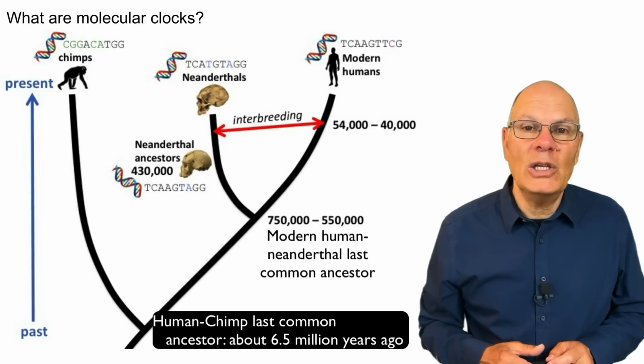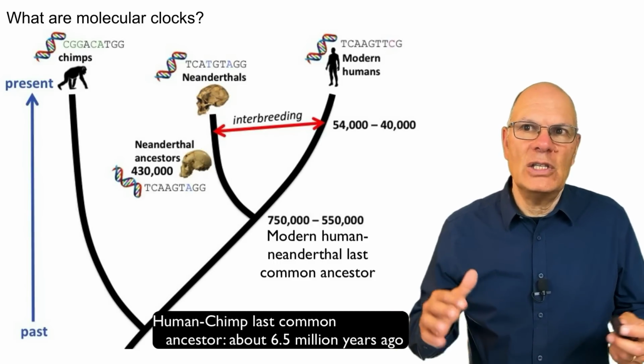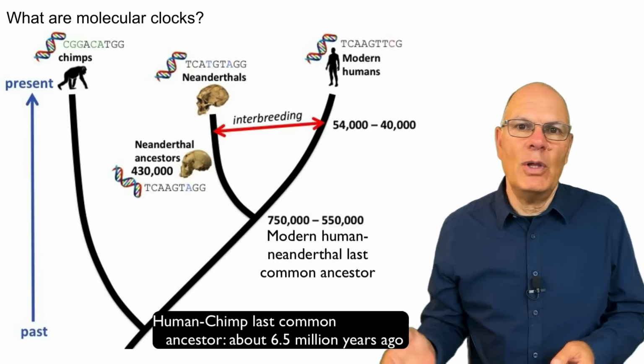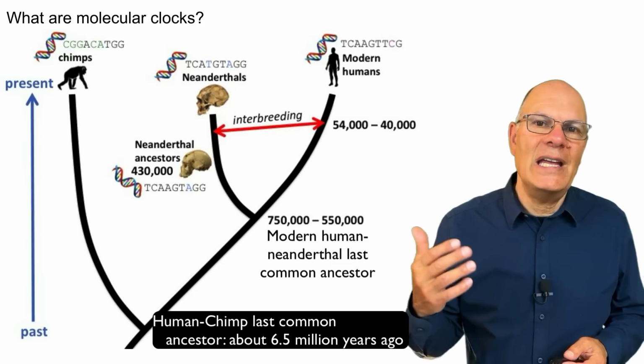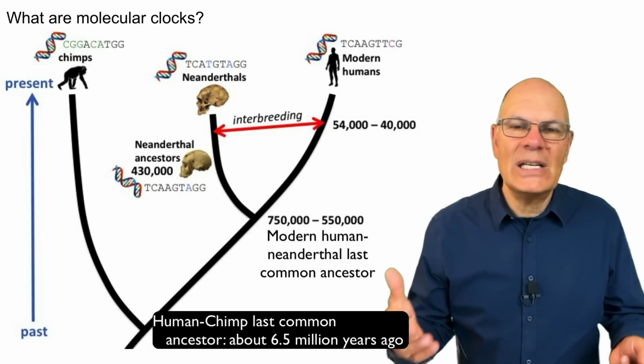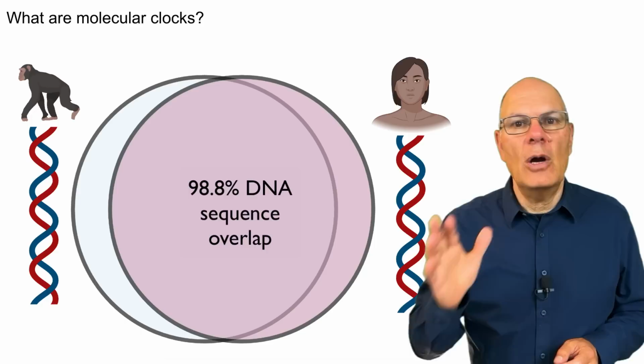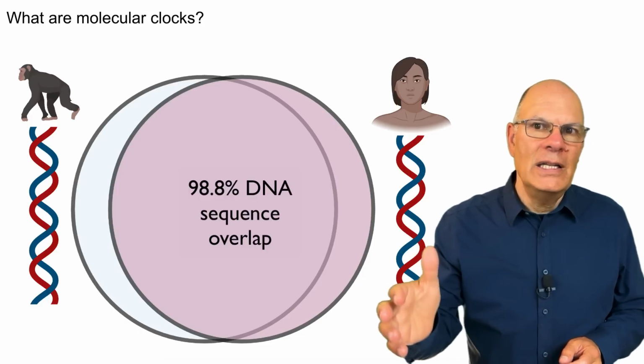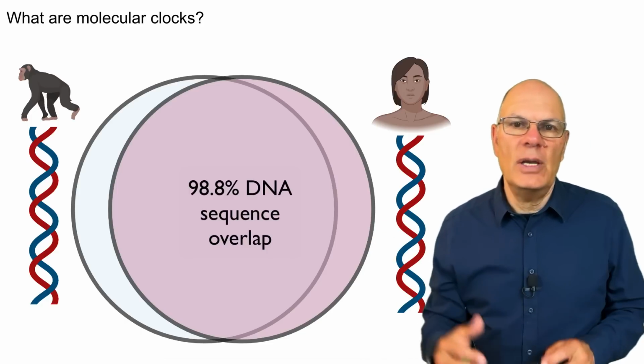This is widely used in evolutionary biology. It's the basis for claims that, for example, humans and chimpanzees had a common ancestor about 6 million or so years ago, based on the similarity of DNA between us and chimps.